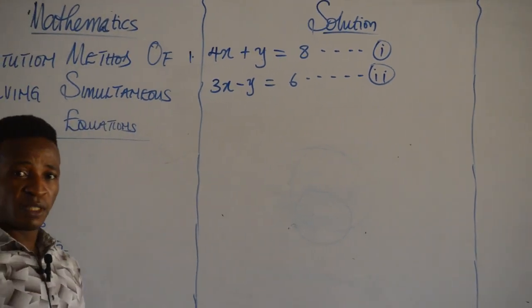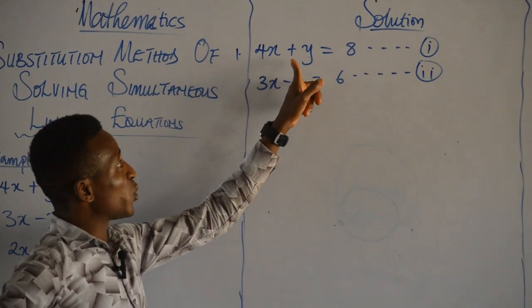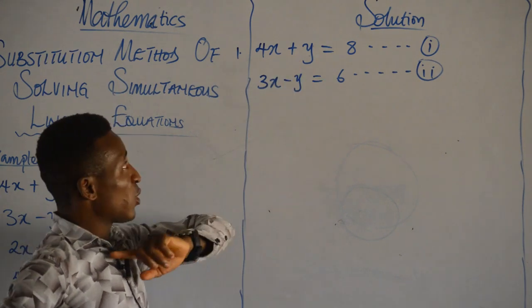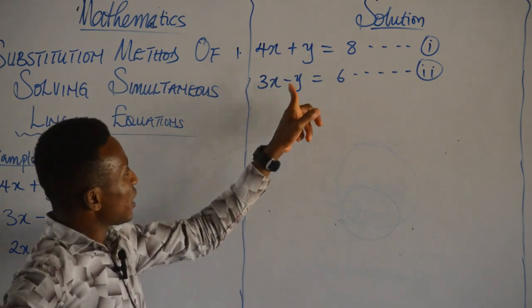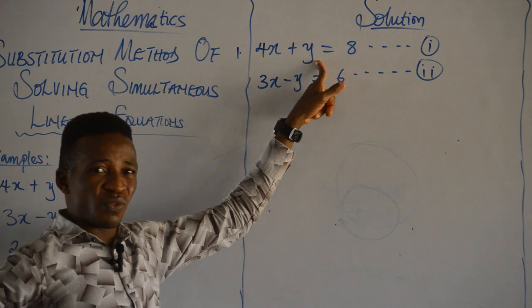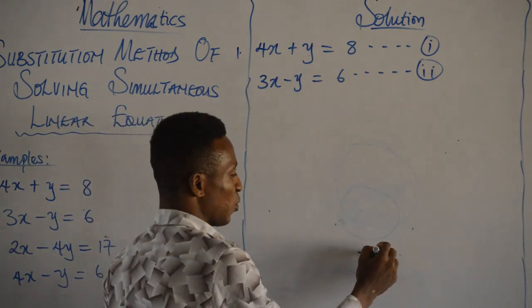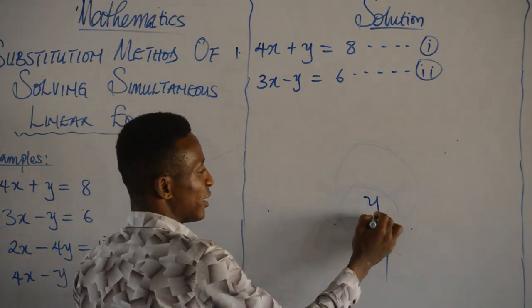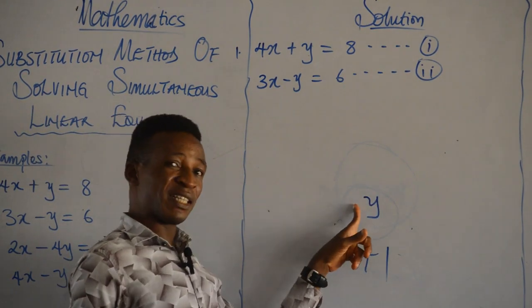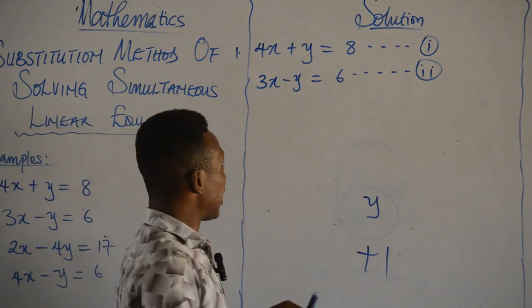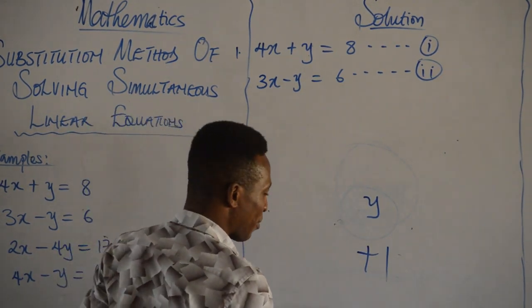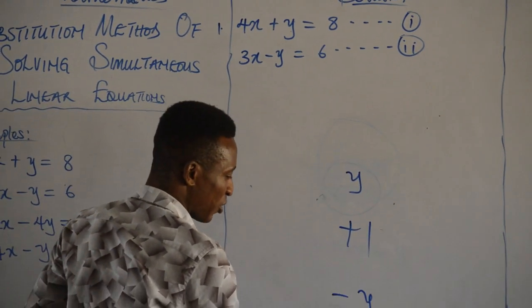Now from this place, it's better for us to start with equation 1. The reason we are starting with equation 1 is because this y has a coefficient of 1, and it's not just 1 but plus 1, because when you have y alone, there is an invisible plus 1 in front of it. For equation 2, we have minus y, so the coefficient is minus 1.